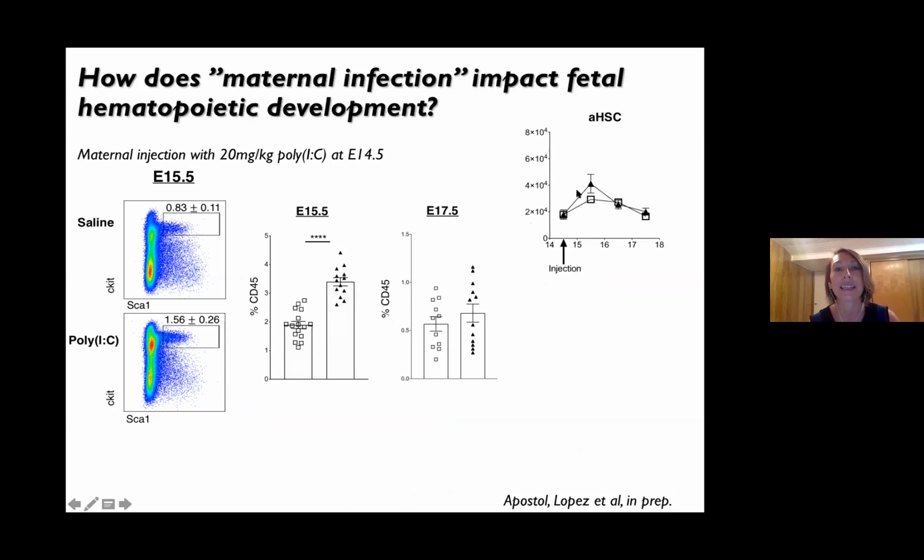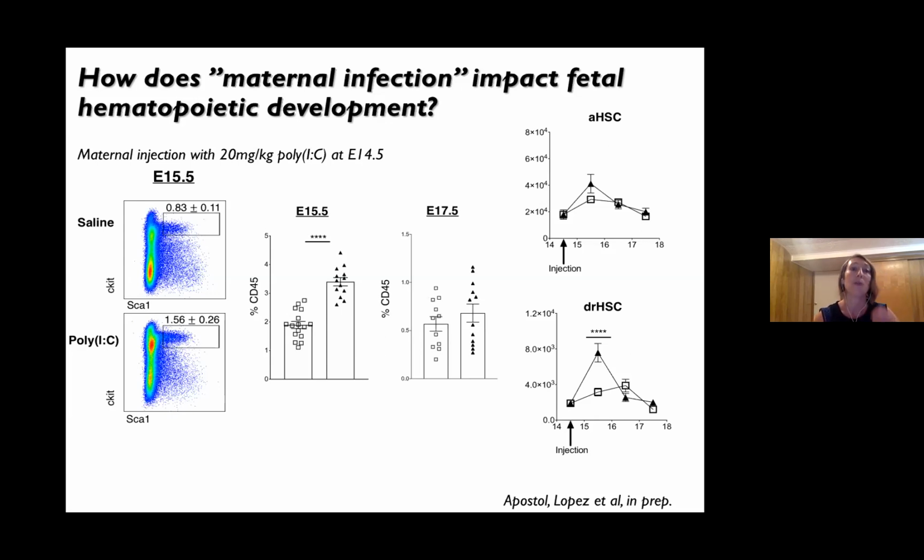And we tracked this as a function of our different HSC populations. And what we observed was that our DR-HSC was specifically sensitive, again, to our intervention, where we see a massive expansion of our DR-HSC within a day of treatment, and our adult HSC is less affected.